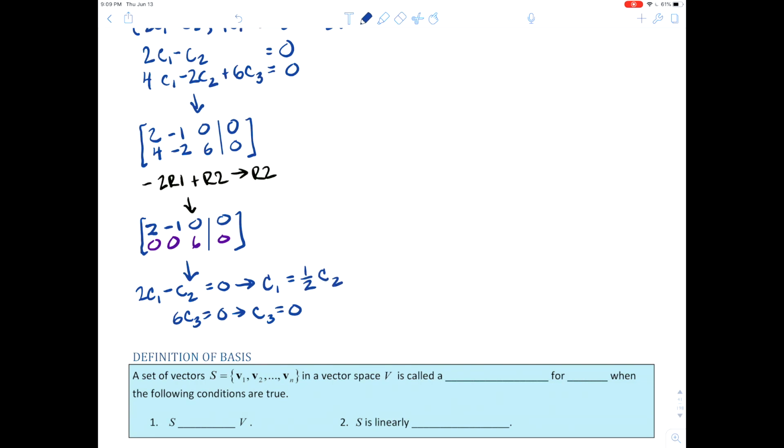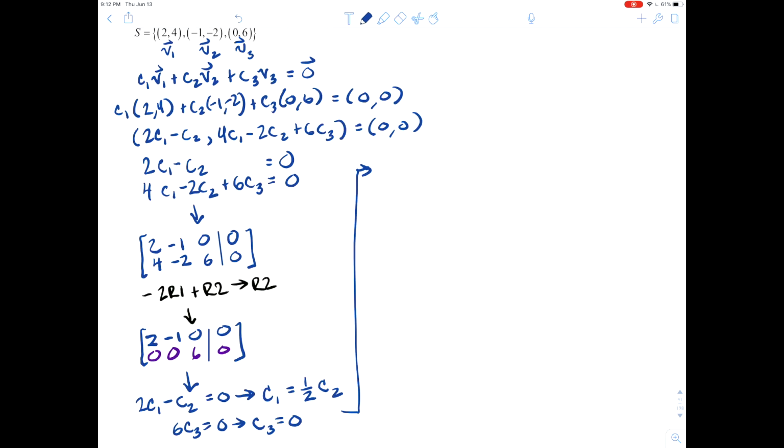That tells us that there must be non-trivial solutions, since C1 is written in terms of C2. So writing this as the linear combination, C1 was 1/2 C2, so we'd have 1/2 C2 times the vector 2, 4 plus 1 C2 times the vector -1, -2 plus 0 times 0, 6 equals 0, 0.